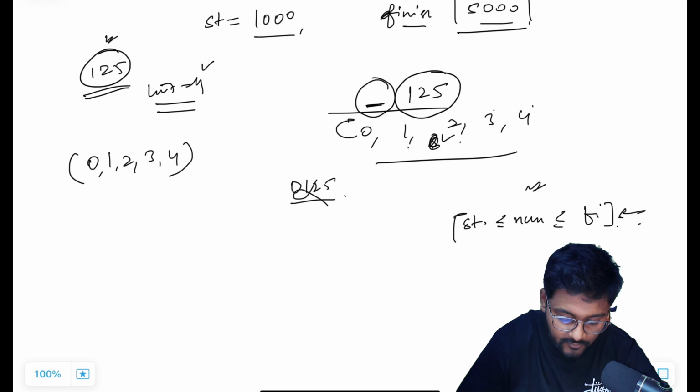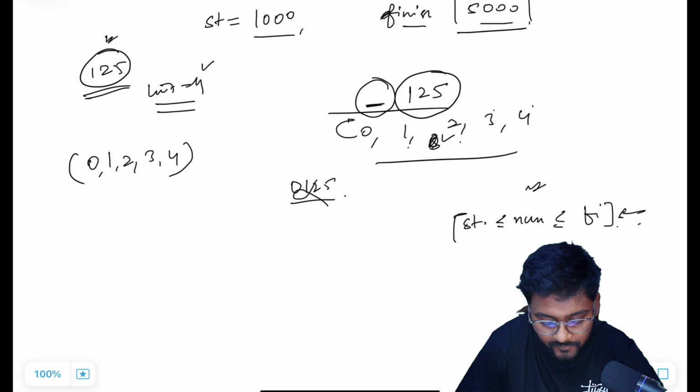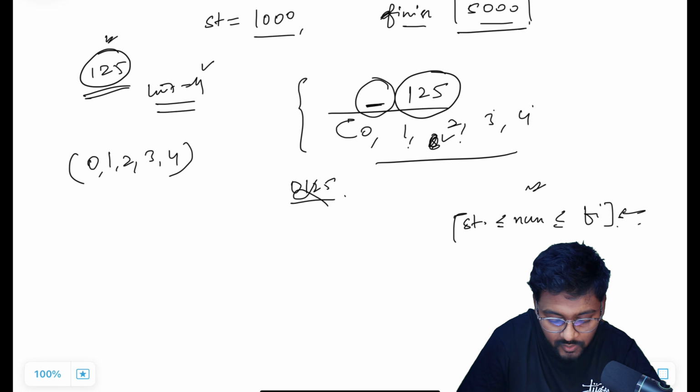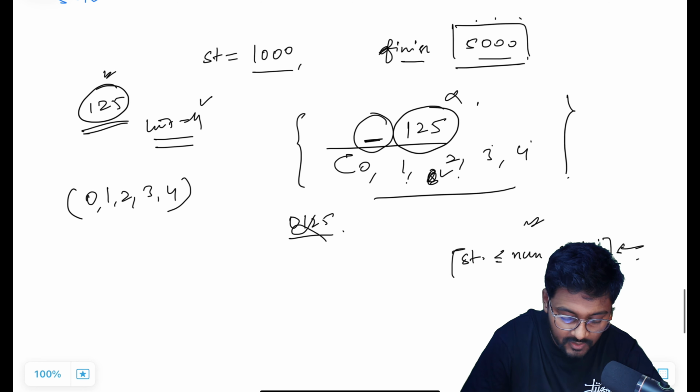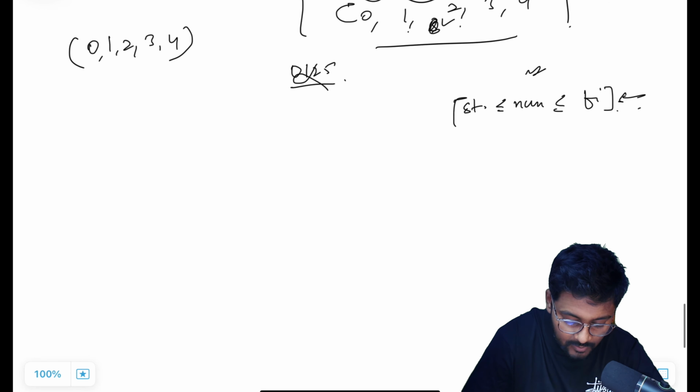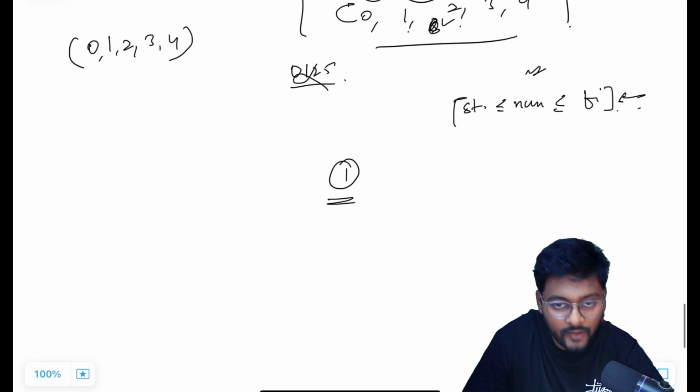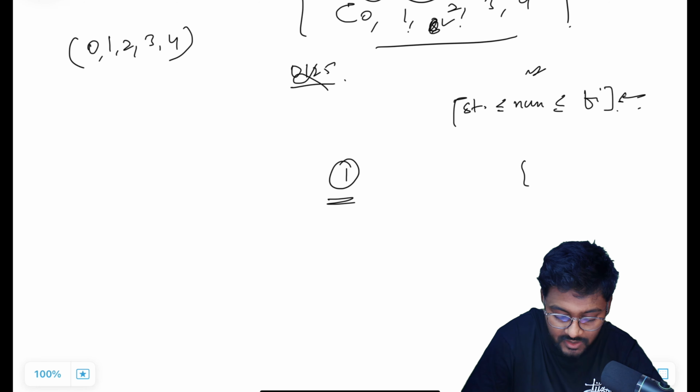So this condition we have to check for every single generated value. And this generation you can do by recursion. First of all, add 0 into this, 1 into this, 2 into this, 3 into this, 4 into this. In short, what you can generate is, ignore the suffix. Finish is of length 4, suffix is of length 3. It means only one length element you have to generate using a certain set of digits.